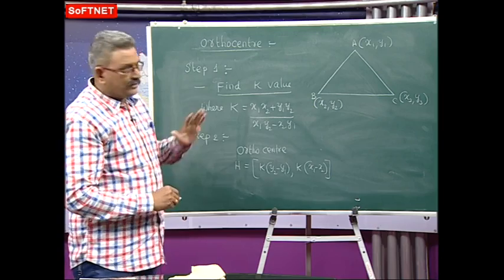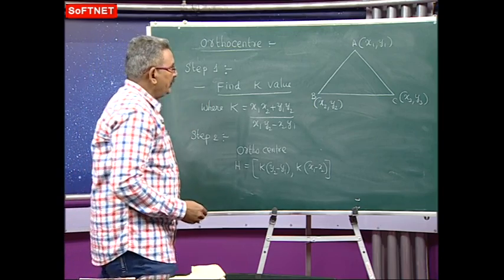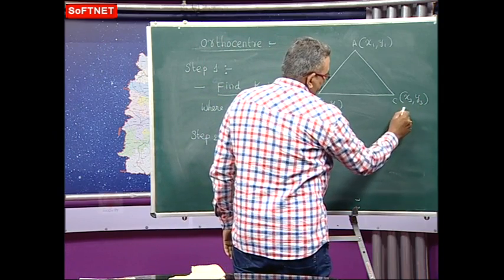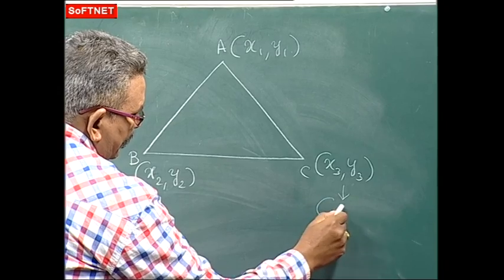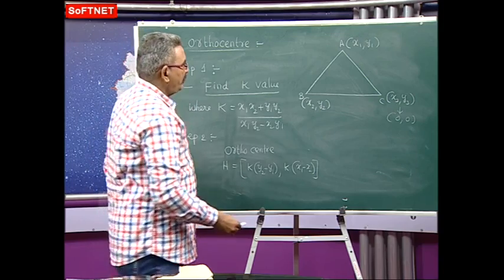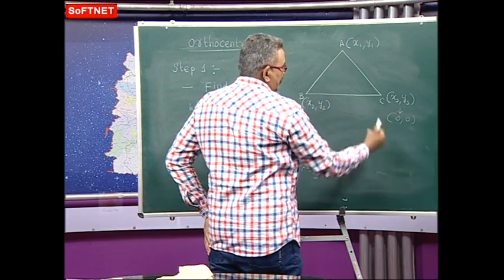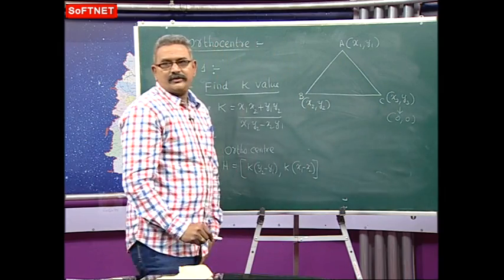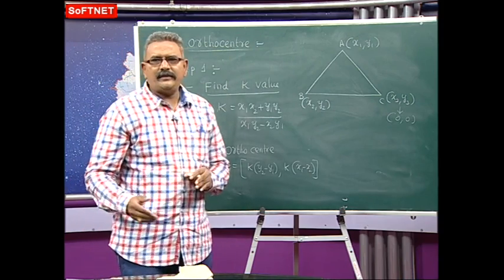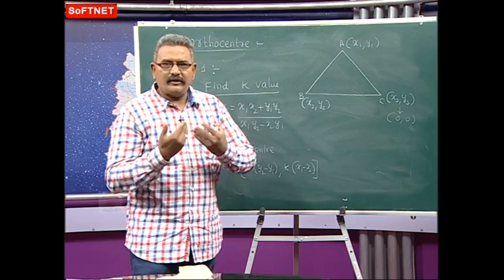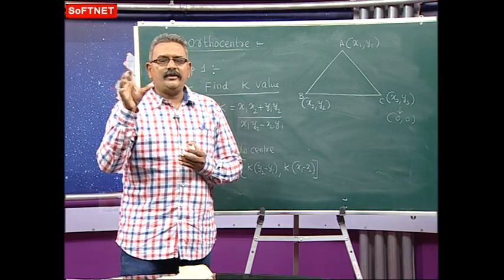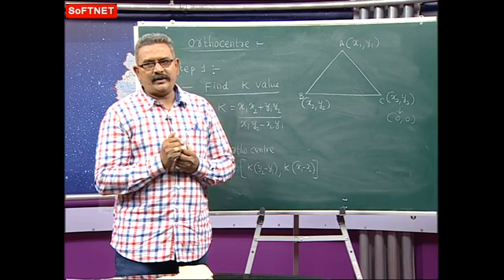But one thing you must remember: one of the vertices must be the origin, here x3, y3. If one of the vertices is the origin 0, 0, then we can follow this. If none of the vertices is 0, 0, we can also find it, and I will explain that during the problem sessions.